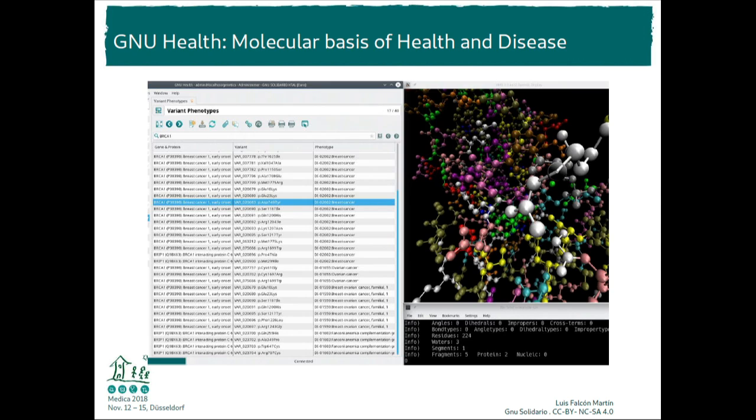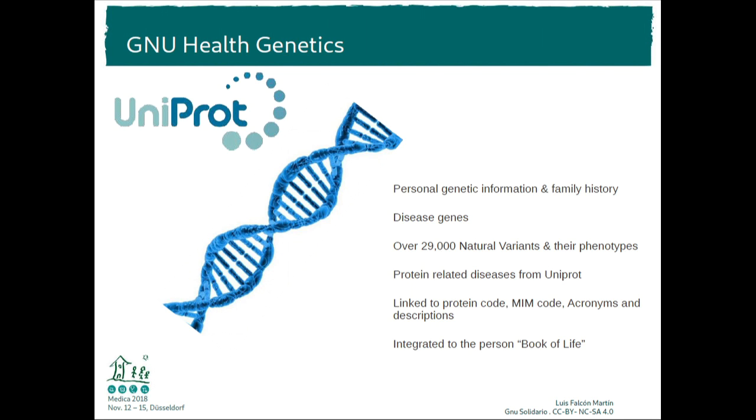In terms of genetics, you also have a whole list of natural variants of proteins coming, in this case, from the UniProt project, that allows us to identify what are those mutations and what are the phenotypical traits that we might see in that specific individual. So not only do we have that database, but also all the links related to MIM and so on.